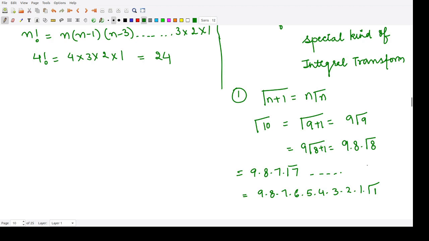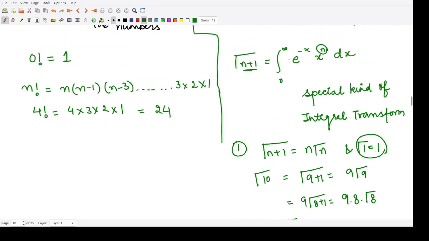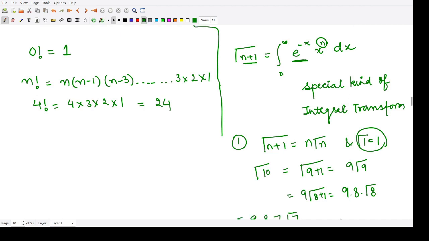The value of gamma 1 is nothing but 1. You could check this when you substitute n equal to 0 here. Then x raised to power 0 is 1, so you only perform the integration of e to the power minus x from 0 to infinity, which comes out to be 1. So gamma of 1 is 1.